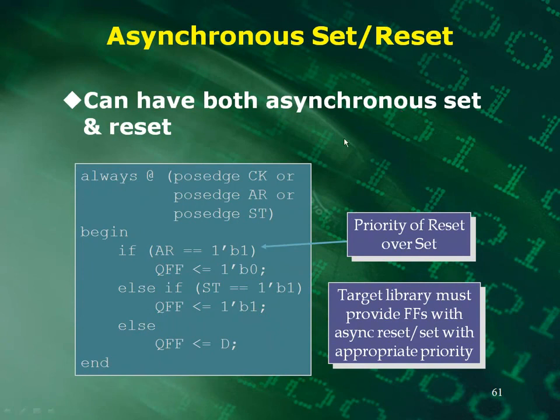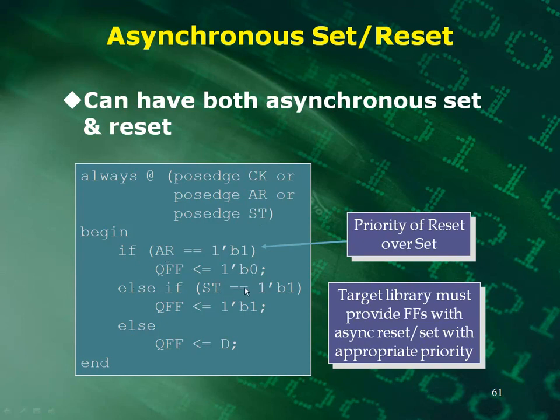Asynchronous set and reset. You can have both asynchronous set and reset. And here's an example. Here we have the posedge of clock, the posedge of asynchronous reset and the posedge of asynchronous set. In our code, we said if the asynchronous reset is 1, we set it to 0.